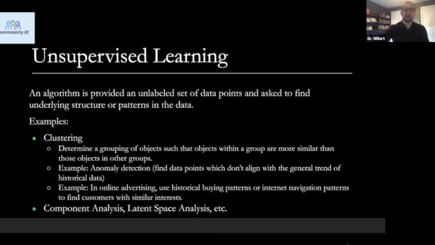So an example might be anomaly detection. I'll use a case from the work that I do. If we were monitoring your energy usage over time, and all of a sudden we find a very abnormal spike, that would be considered an anomaly if we can't explain it by any other independent variable.